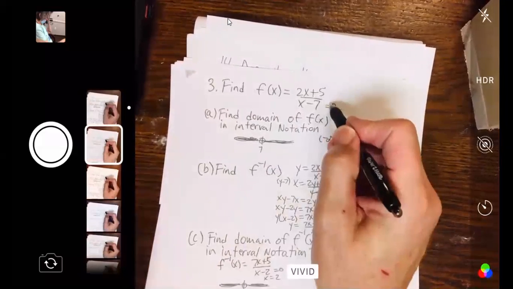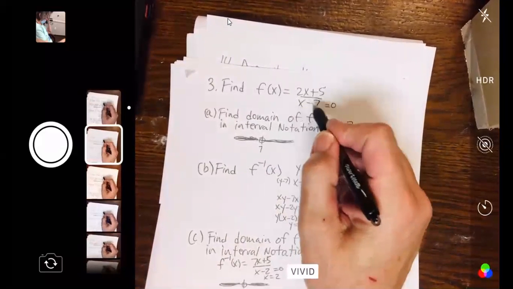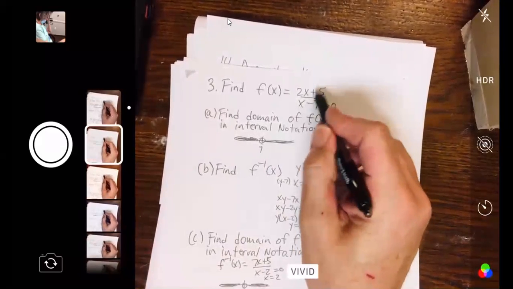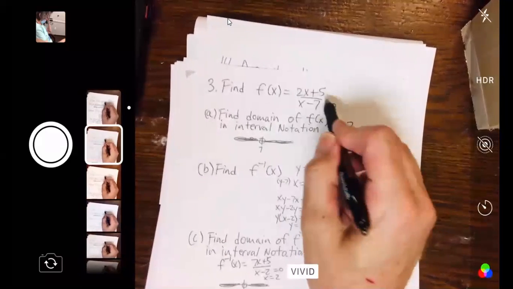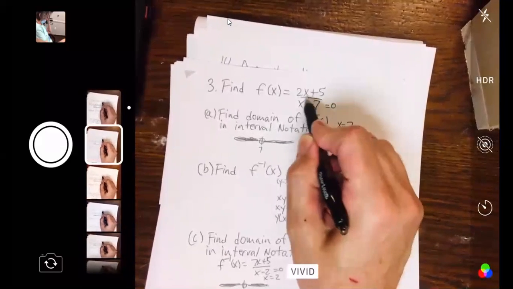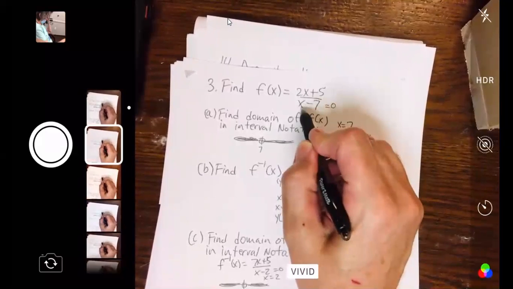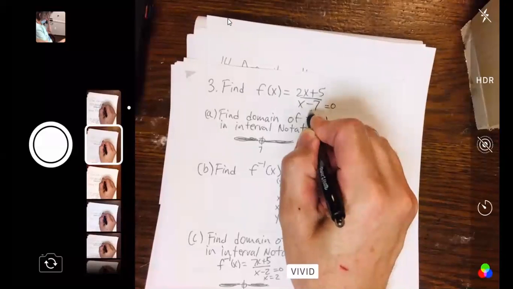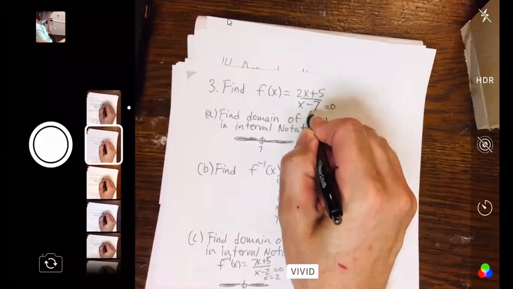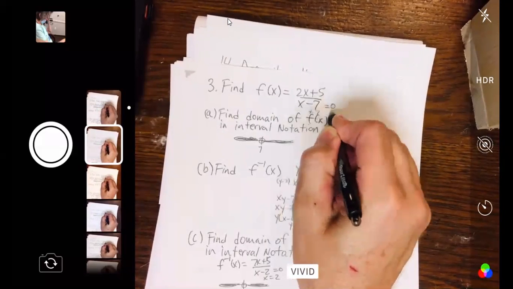It's not greater than because there's no square root. This is a straight fraction problem. With no square root, you're just trying to identify the x here. You almost do it in your head and see it's 7. But it comes from setting them to 0 and adding the 7 over and getting x is 7. And that's the number you can't use, because if you put 7 in here, 7 minus 7 is 0.